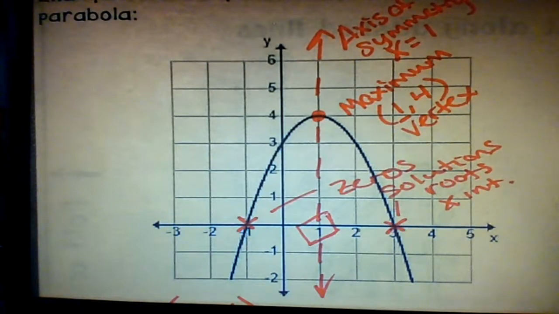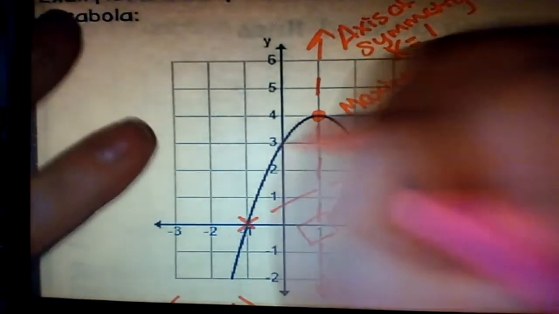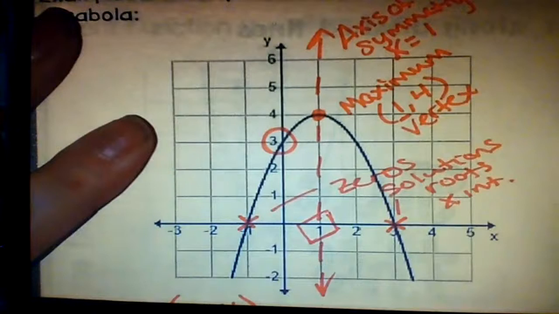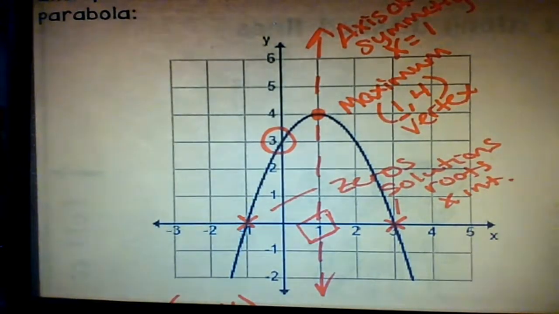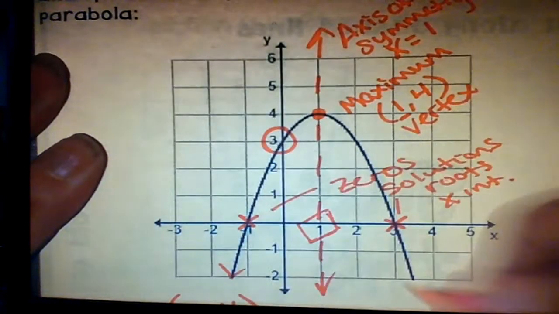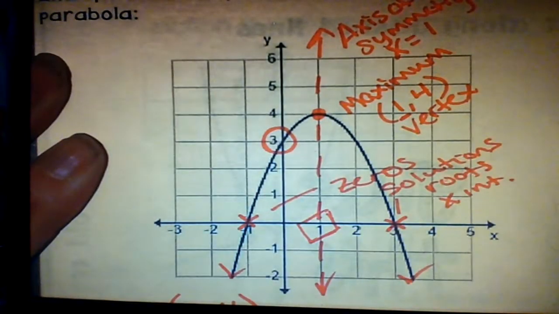Where is my y-intercept? Where does it cross my y-axis? +3. My domain: it's going down and to the left, and down and to the right. All real numbers. Even though it's going down, it continues, so we're still all real numbers.